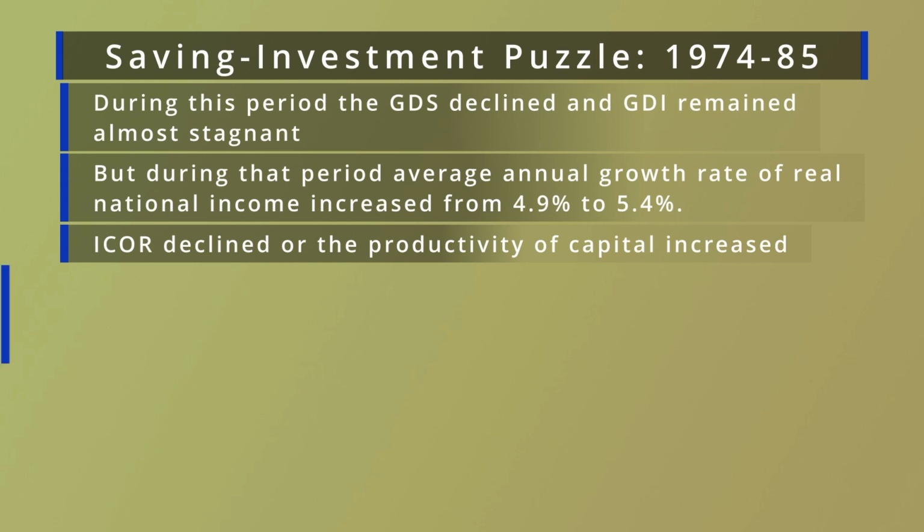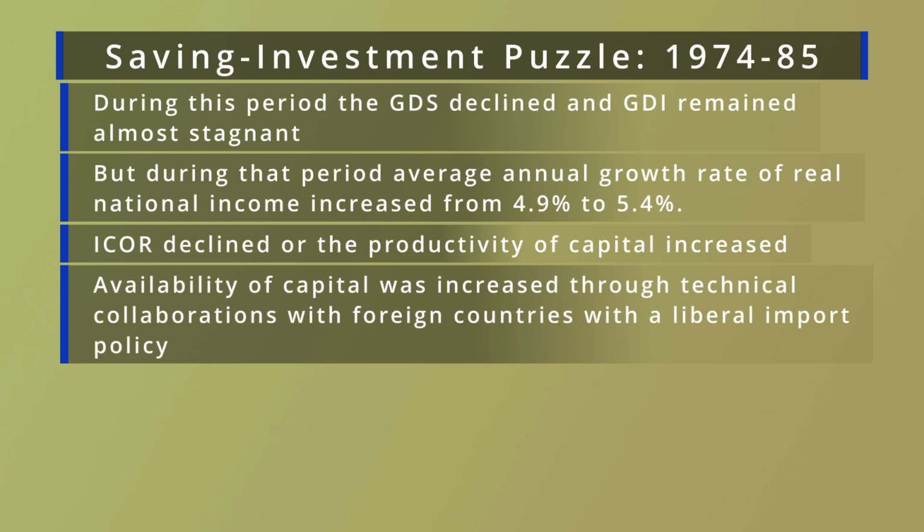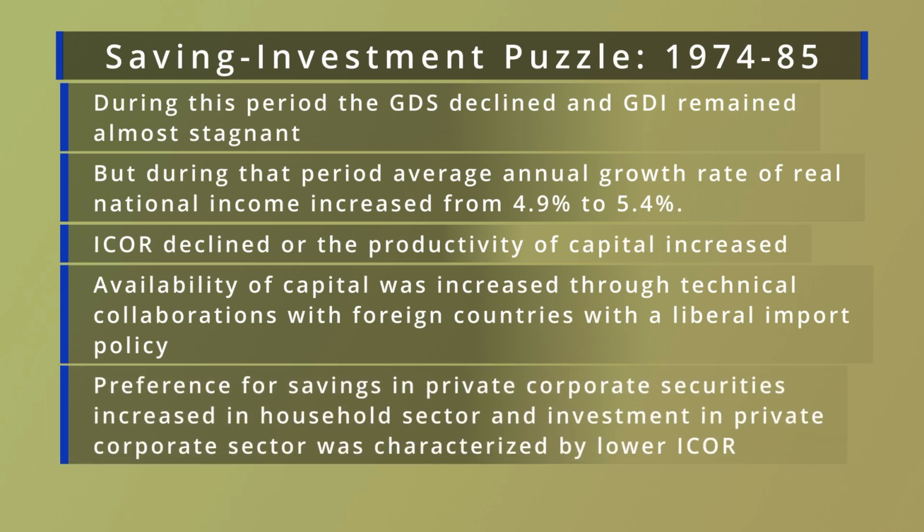And during this period, another reason may be better availability of capital with foreign collaboration and a gradual liberalization in import policy, so that you can easily import foreign technology or foreign capital. Another important reason was preference for savings in private corporate securities.